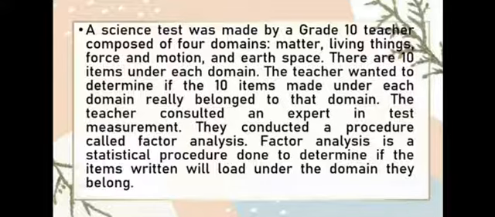The teacher consulted an expert in measurement, and they conducted a procedure called factor analysis. Factor analysis is a statistical procedure done to determine if the items written will load under the domain they belong to. An example is the measurement of the human brain, such as intelligence, level of emotion, proficiency or ability.